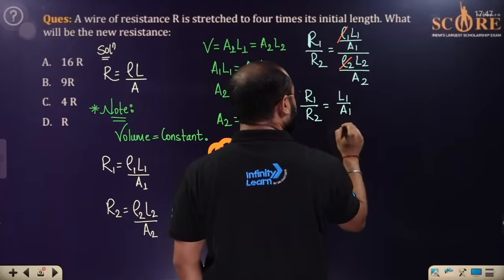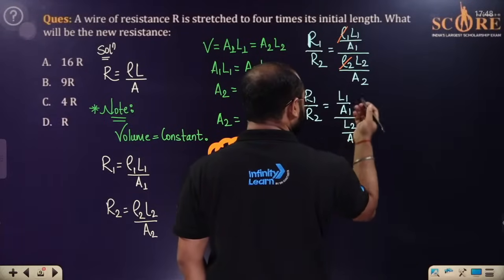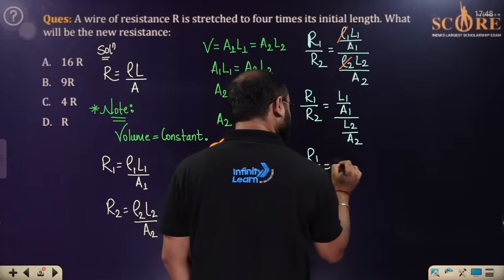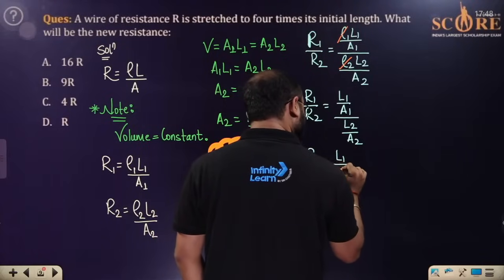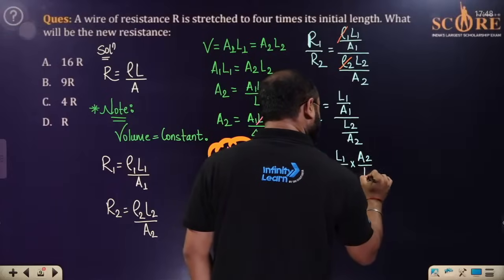Moving next, R1 by R2 will be equal to length 1 by area of cross section 1 divided by length 2 divided by area of cross section 2. If you solve it further, R1 by R2 can be written as L1 by A1 times A2 by L2.